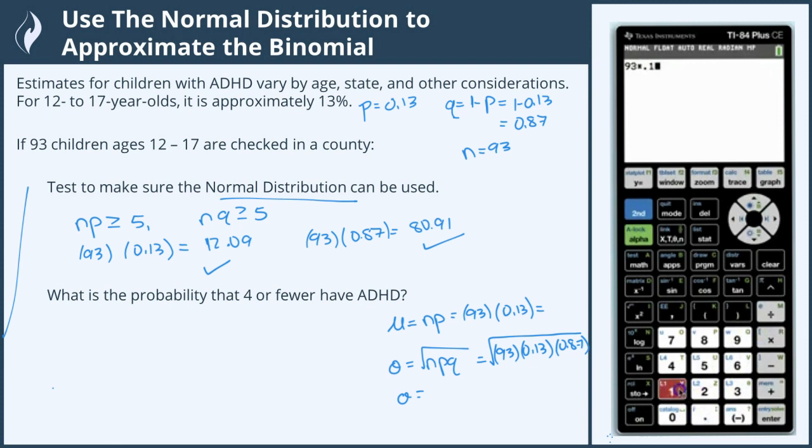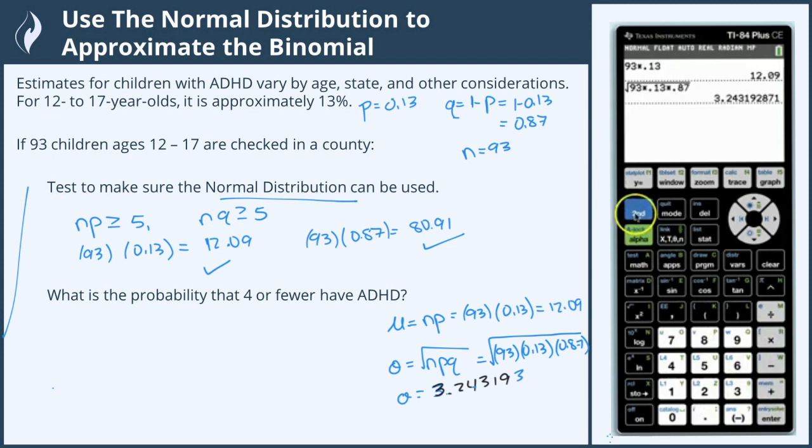Okay, so 93 times 0.13 is 12.09, and the square root of 93 times 0.13 times 0.87 is approximately 3.24319.